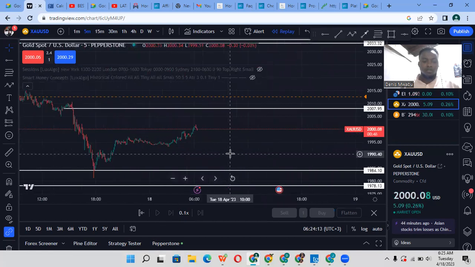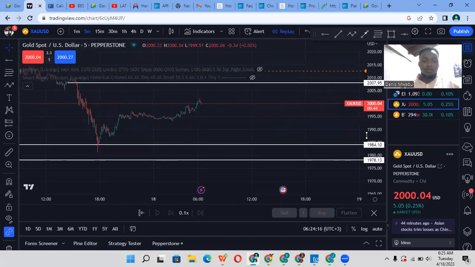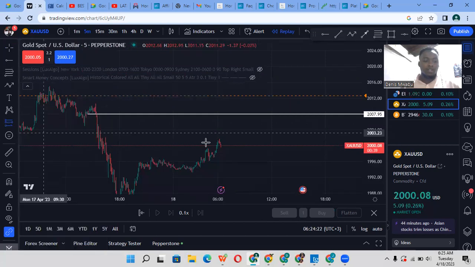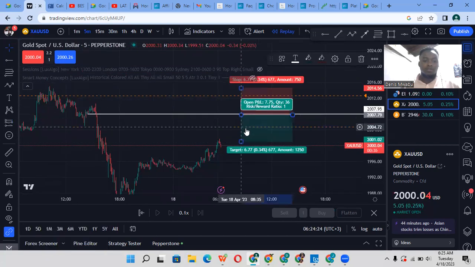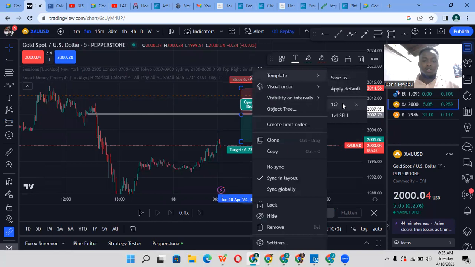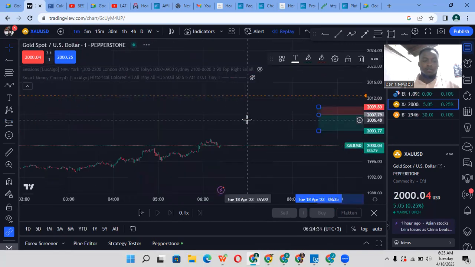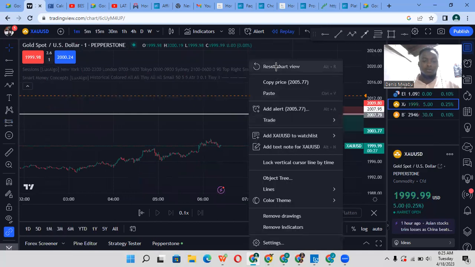Most probably I'm going to expect this to get into this supply, and this will be my entry. Short position, risk of 1:2. Be able to give it a risk of 1:2.